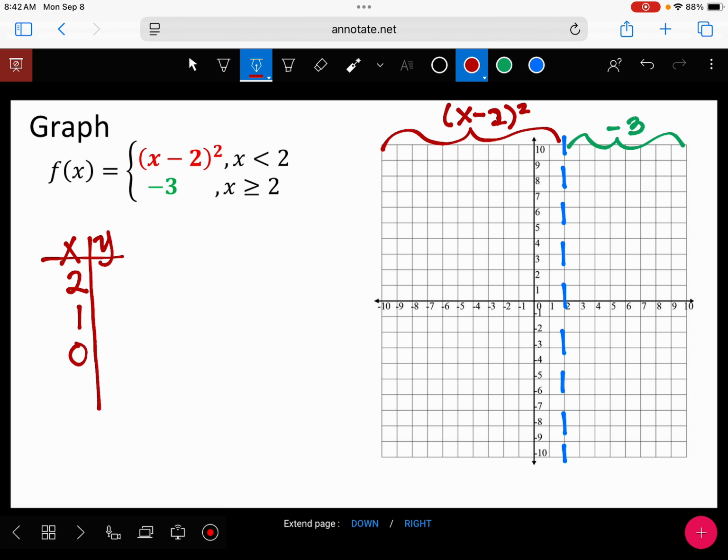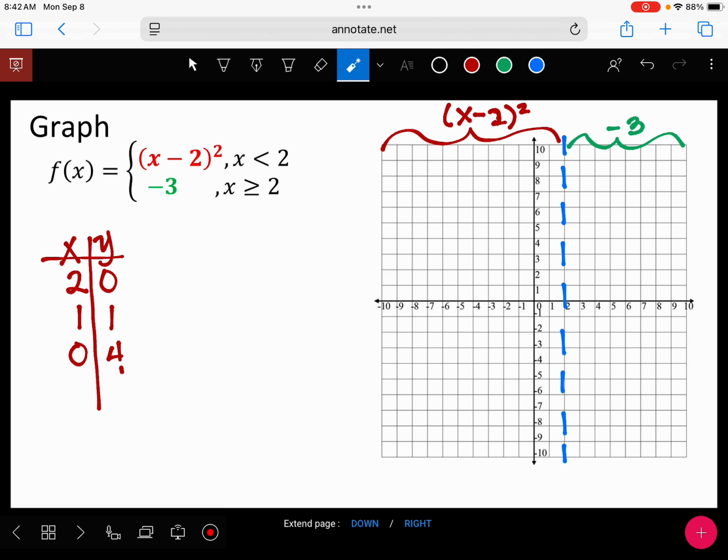So 2 minus 2 is 0. 0 squared is 0. 1 minus 2 is -1. -1 squared is 1. 0 minus 2 is -2. -2 squared is 4. Now, when I put this first point down, is she open or closed? You got to look up here.